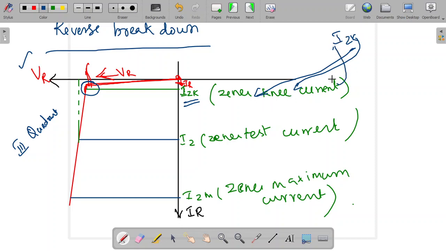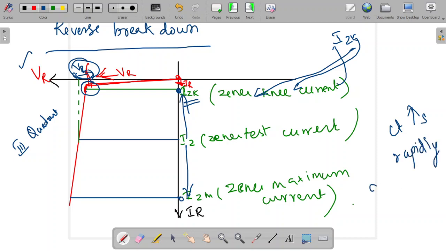When it reaches the Zener knee current, it rapidly increases, a sudden rise, with only a small change in VR but a large change in current from IZK to IZ maximum. Current increases rapidly after the knee point, which corresponds to breakdown.